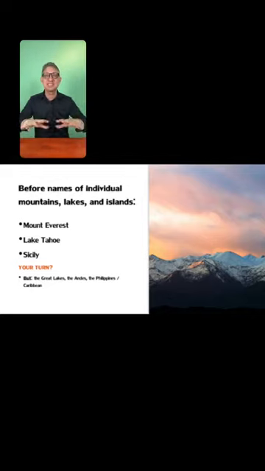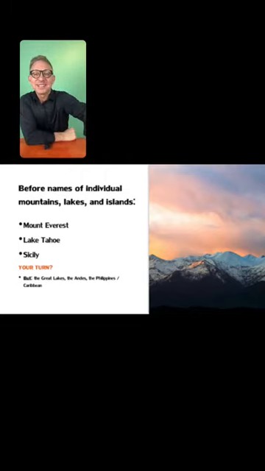The Maldives is a set of islands. We use the before the proper noun. So I'm climbing a mountain, you could say that, but these are proper names now. Individual names of mountains, we don't generally use the article, but there are notable exceptions.